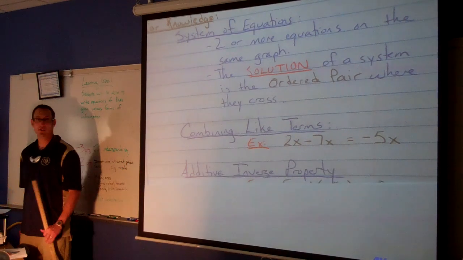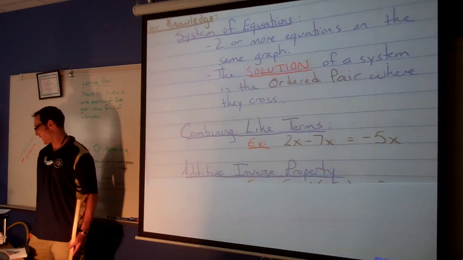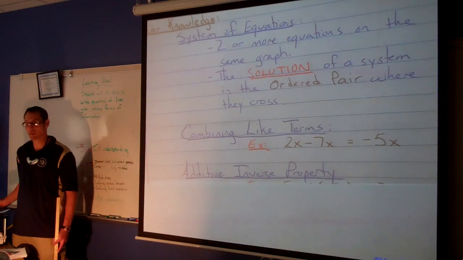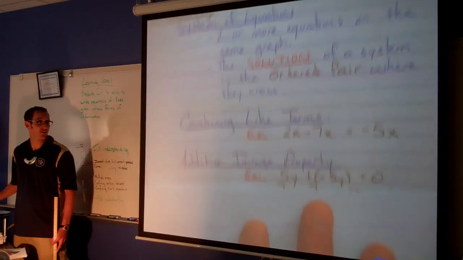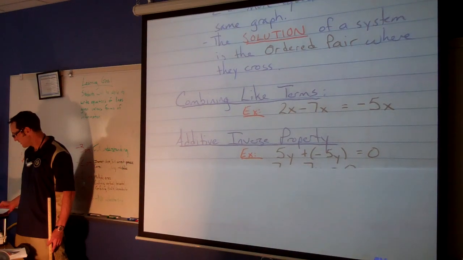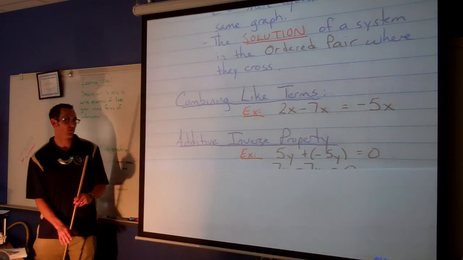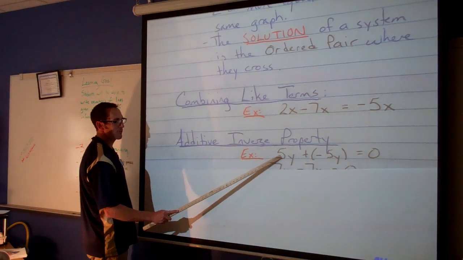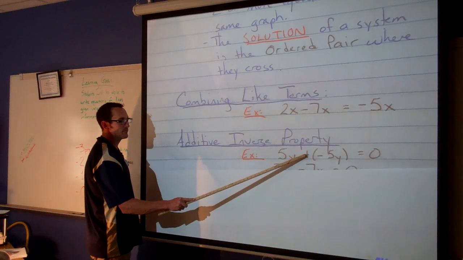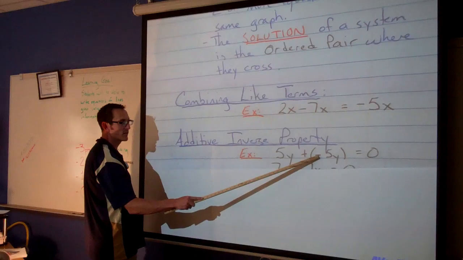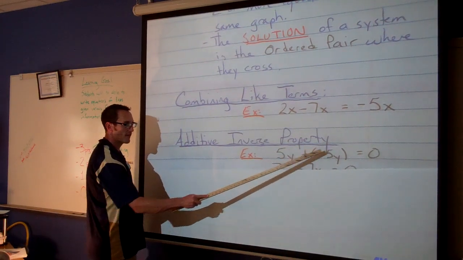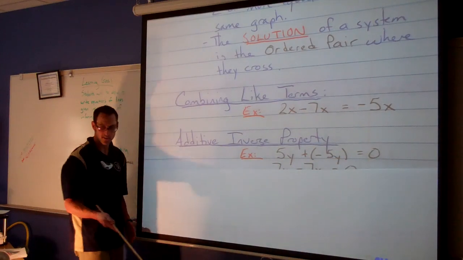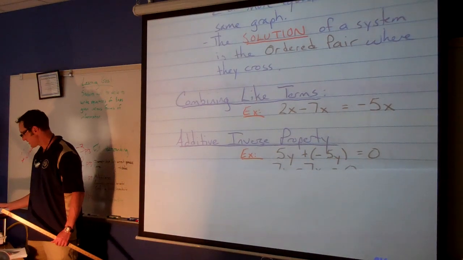We also need to remember the additive inverse property. That basically means any number plus its inverse is going to be equal to 0. So for example, if I have 5y and I add to it its opposite, negative 5y, it equals 0. That's the additive inverse property.